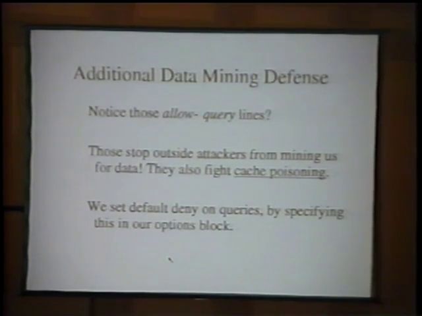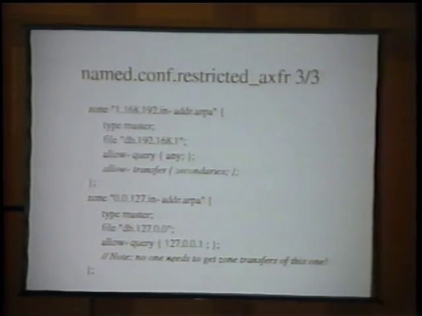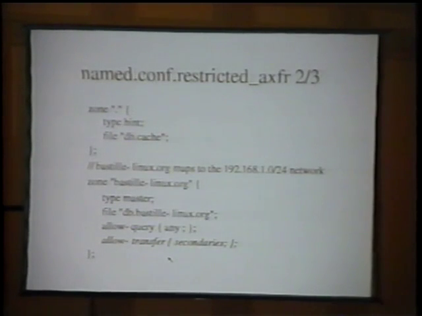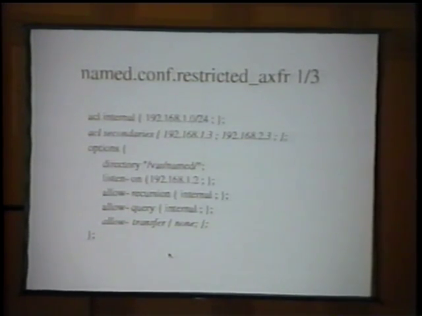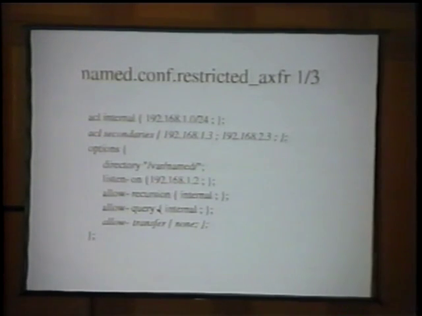Okay, so there was something else we had set in here. Looking at the first page of this file, we have these allow query lines. In general we're only going to allow queries against this server from internal hosts. Internals in ACL we define to be our internal IP space.